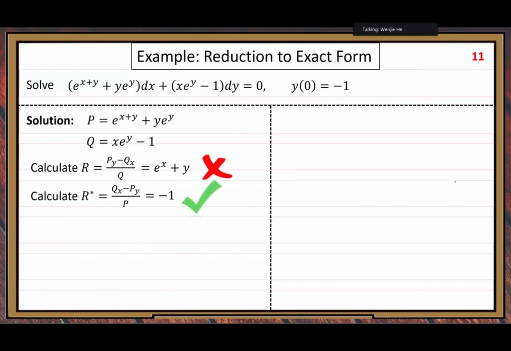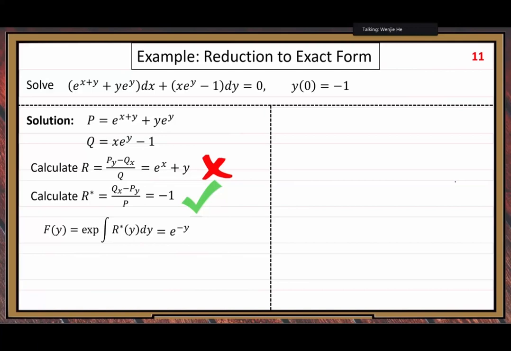So to calculate the integrating factor, we use R star, because e to the negative y. And here, let me make a simple comment. The exponent is an indefinite integral.